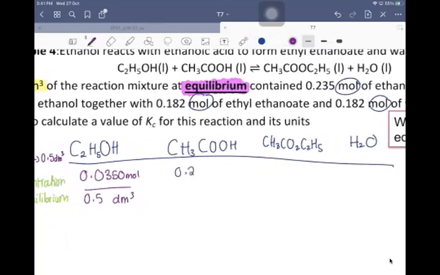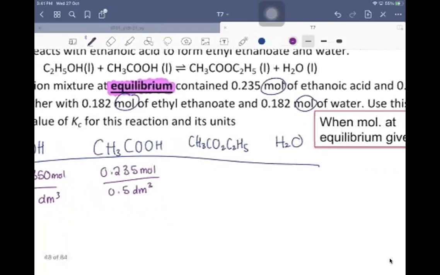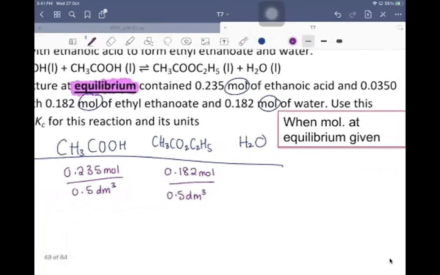The number of mole is 0.235 mole per dm cube. The number of moles of ethyl ethanoate, your ester in this case, is 0.182 mole per dm cube as well. Water is the same.